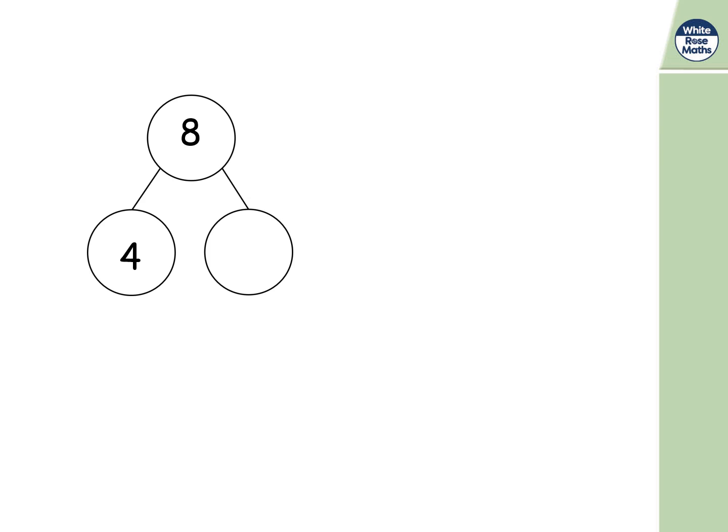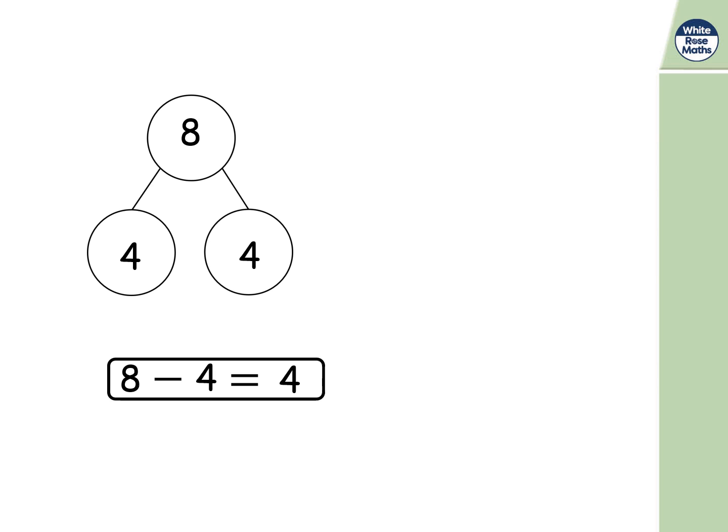Now let's think about this one. What if one of the parts was missing, and all I had was the number sentence? What would the missing answer be? 8 subtract 4 is equal to 4.